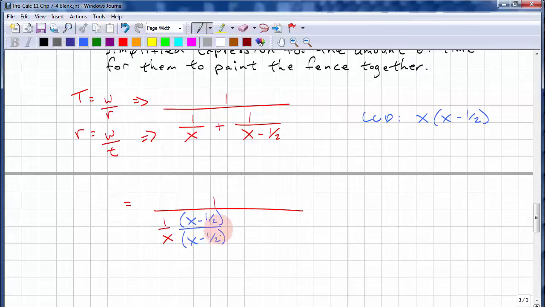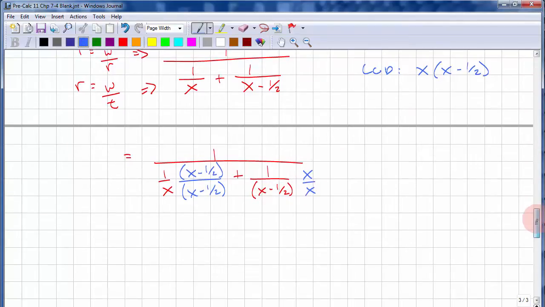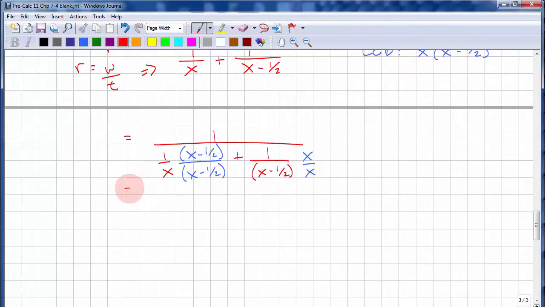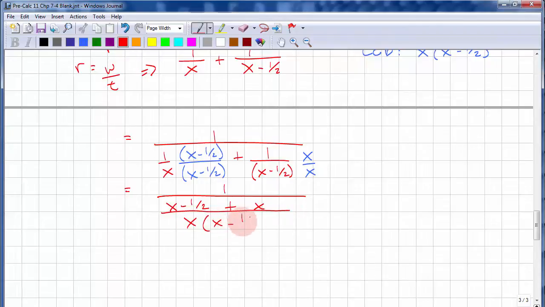And any time you're using a non-monomial, you should use brackets. 1 over X minus 1 half, and this is X over X. Now we expand the numerator of the denominator. So this is just X minus 1 half plus, and this is just X. And our LCD is X minus a half.